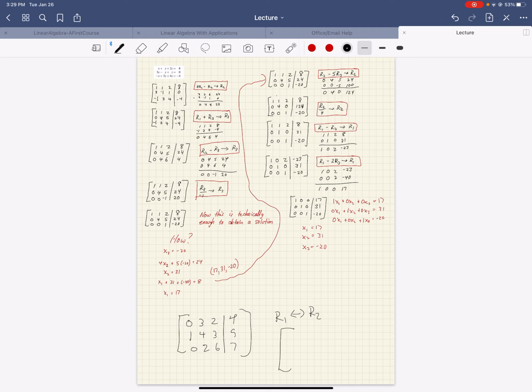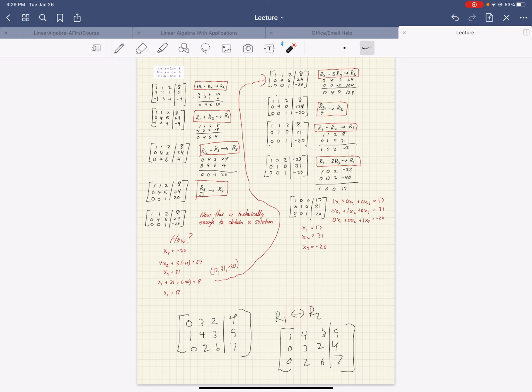And what that would do is then I'd have 1, 4, 3, 9 up top, and then 0, 3, 2, 4 there, and 0, 2, 6, 7 right there. And now you see I have my 1 up in that top corner. I already have the 0s down there, and all it took was a row swap for that to happen.